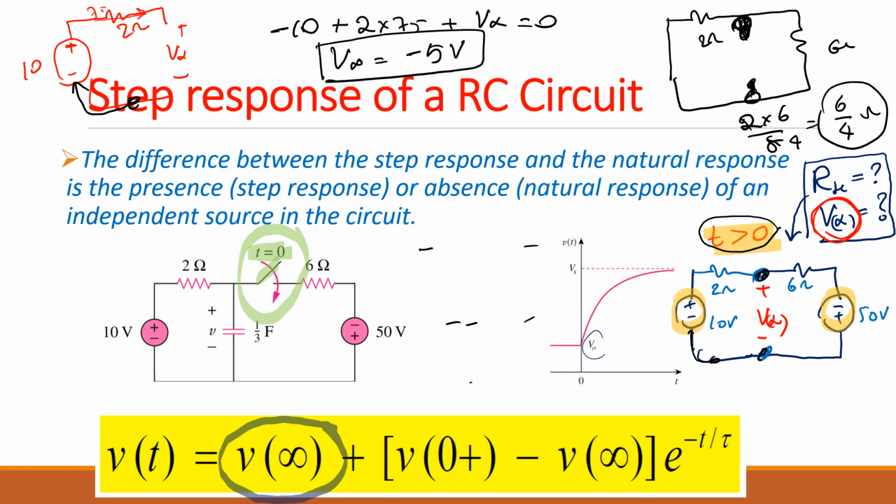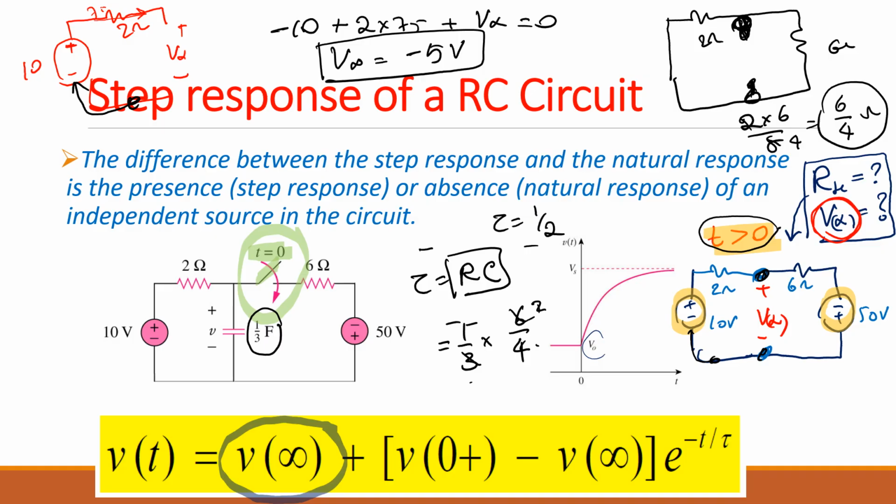So you can find the tau, and tau for an RC circuit is RC. Am I right? So you have the C, which is 1/3, and R is 6 over 4. So that will be half. So tau is half. You can substitute the numbers into this equation.